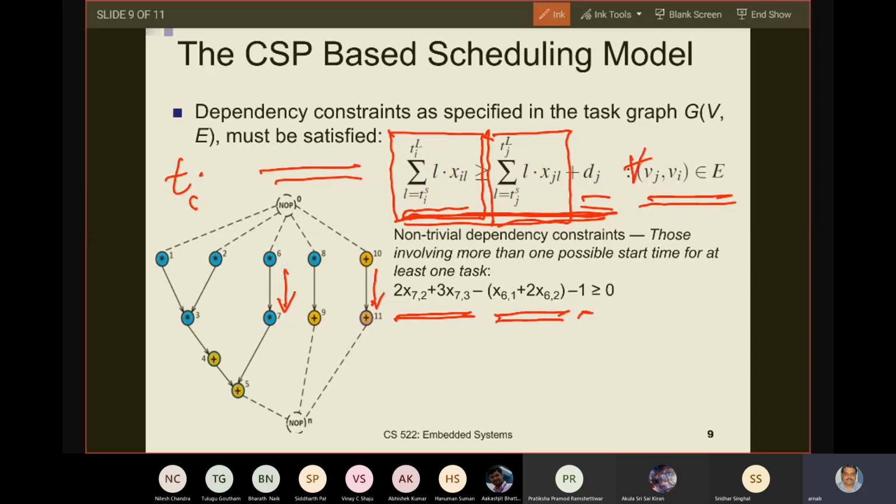This is guaranteed if constraint 1, the unique start time constraint, has been satisfied. So whatever is in this bracket will be equal to either 1 or 2. It cannot be 3 because both of them cannot be 1 at the same time. And the first part with respect to task 7, 2 into x72 plus 3 into x73, will be equal to either 2 or 3, right?